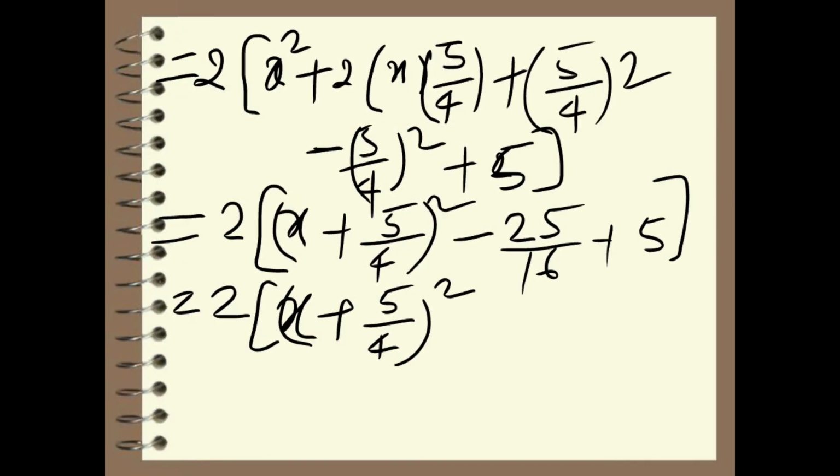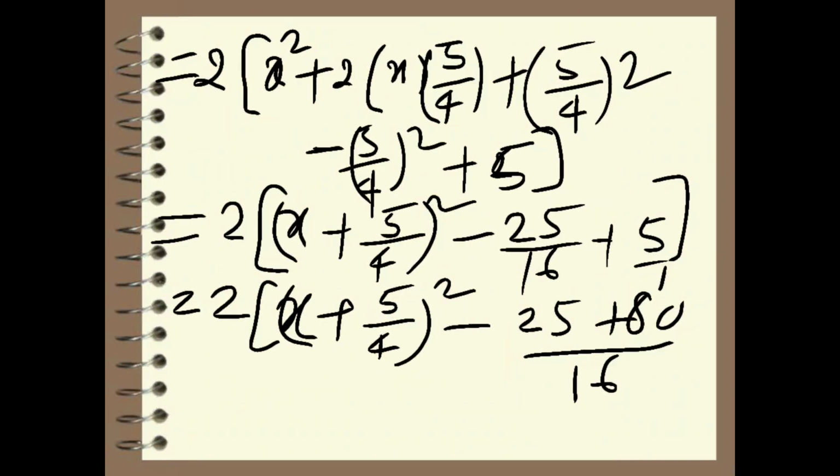You have to take LCM for these two numbers. Here there is no value in the denominator, so 1. So 16 is the LCM. 16 into 5 how much? 16 times 5 is 80. So 80 over 16, for these two terms 16 is the LCM.